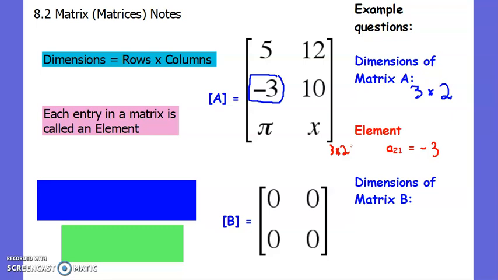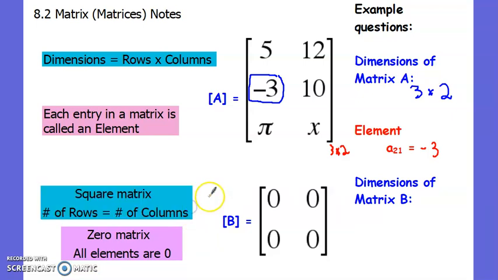Notice they are all zeros, which, fun fact, means this is what's called a zero matrix. So we can call it that down here at the bottom. It's also what we call a square matrix, and that is very important. We can do a lot of different things with square matrices. So again, this being 2 rows and 2 columns, the dimensions of matrix B would be 2 by 2. Depending on those dimensions, that can tell us what we can do with a matrix.